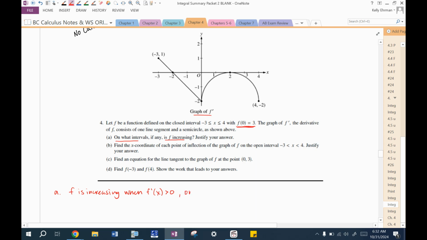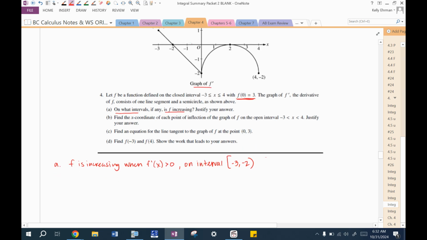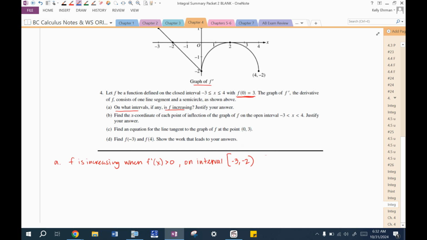So I'm going to say on the interval -3 to -2. I'm not including those endpoints because, I am including -3 because at -3 f prime is definitely positive, but at -2 f prime is equal to 0. So that would represent like a changeover point, a relative maximum on f, so not increasing at that point. All right, that's all we had to do for part A.